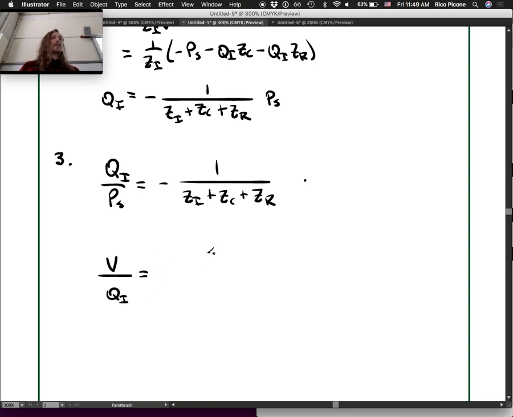So what does that equal to? It's 1 over the area, right? It's 1 over the area. This is going to take us from meters cubed per second in SI to meters per second.